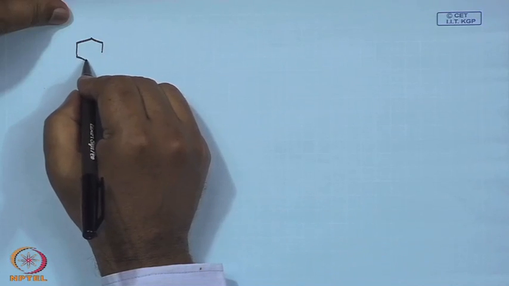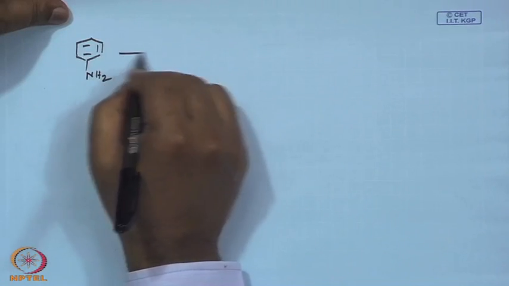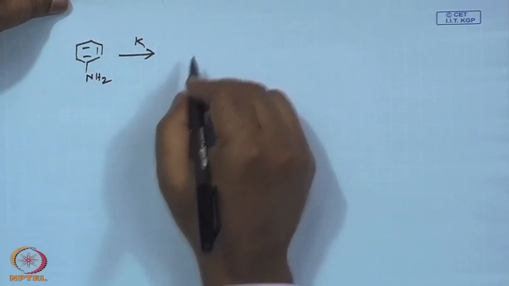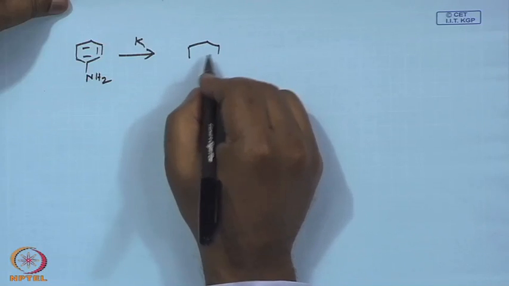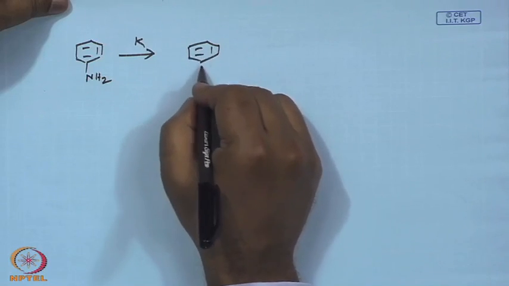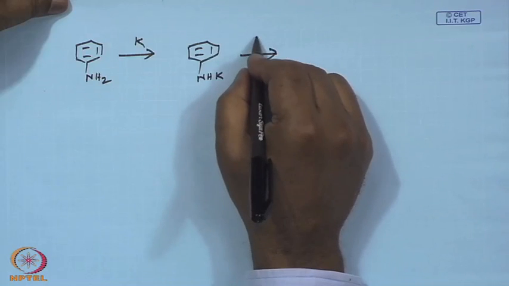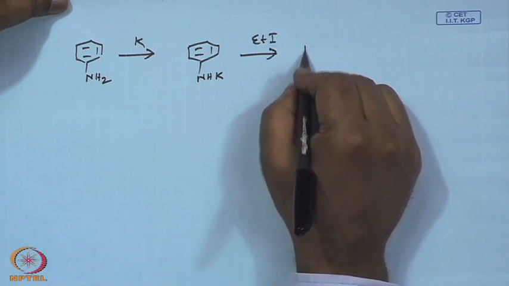Many of you know, if aniline is reacted with potassium metal, what do you get? Right, good. You will get the potassium salt. Then if you treat this, let us say, with ethyl iodide, what do you expect?